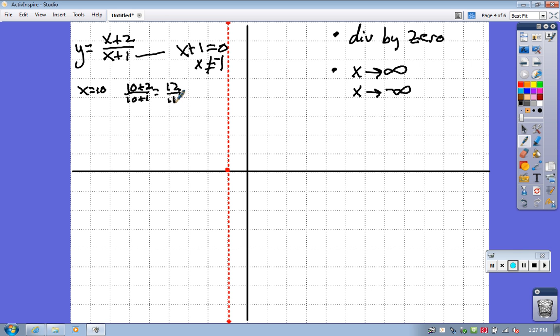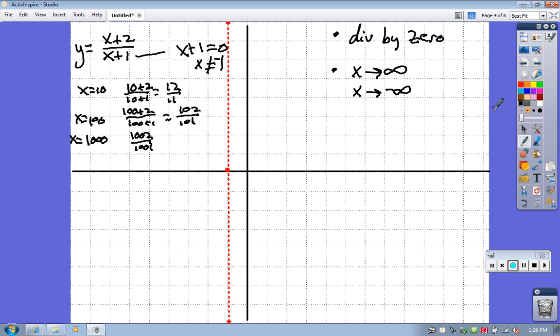Pretty close to 1, a little higher than 1. Let's let x be 100. I would have 100 plus 2 over 100 plus 1, which would be 102 over 101. Close to 1, just off by like 1/101st, but it's closer to 1 than this is. Let x be 1,000. You got 1,002 over 1,001, even closer to 1.